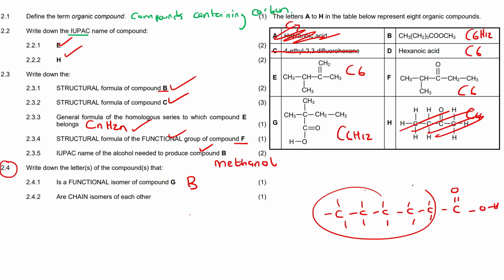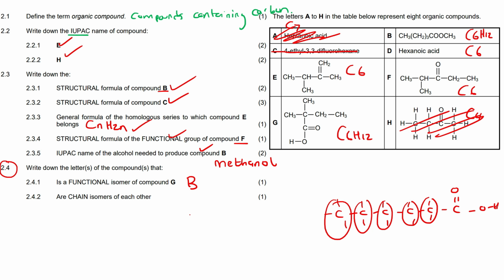Okay, how many hydrogens would this one have? Well, it's got 3 here, 5, 7, 9, 11, 12. Okay, so this one's also got 12. And then it's got 2 oxygens. So did this one also have 2 oxygens. And so does this one have 2 oxygens.